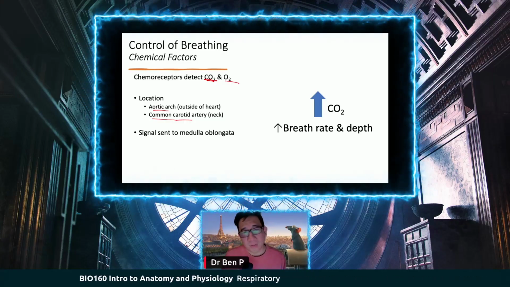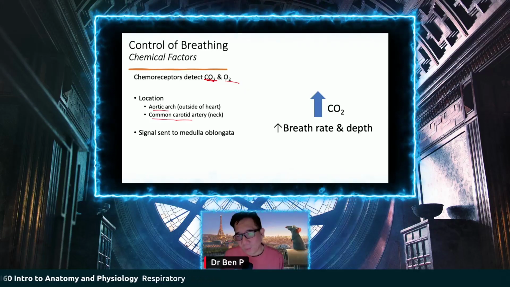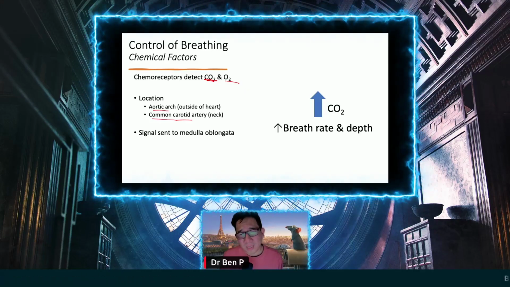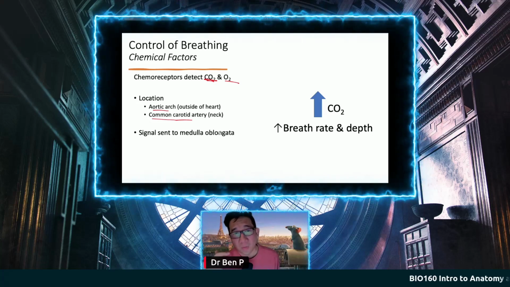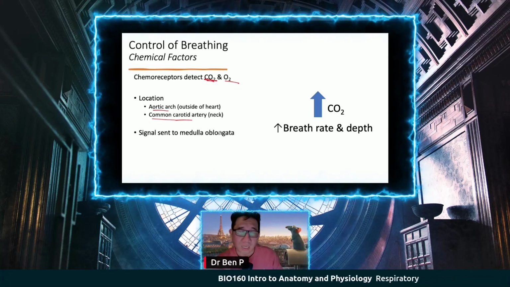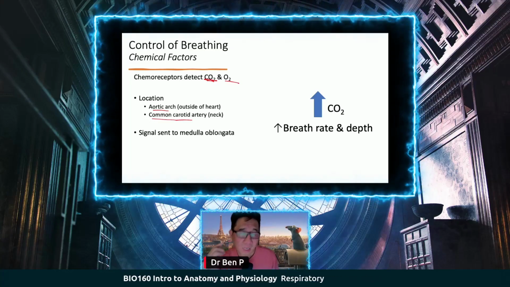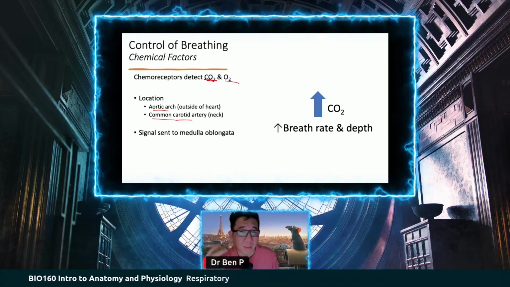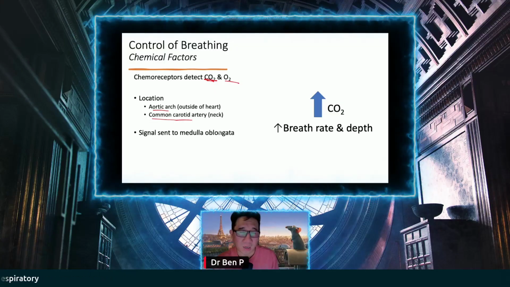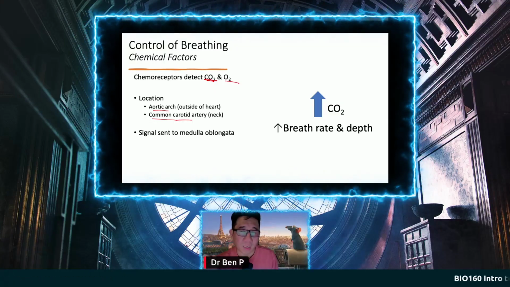When you're actually low on your O2, you may not even know it. That's why it's good to have a pulse ox at home, that little thing that measures on your finger how much oxygen you actually have, because the majority of our receptors are not focusing on O2 as much, but on CO2.